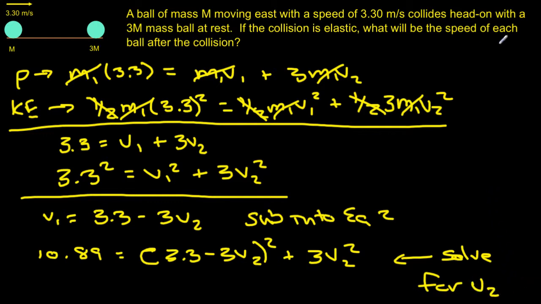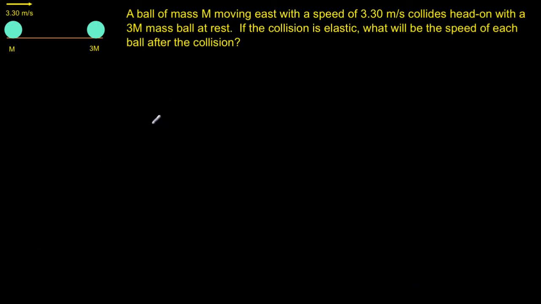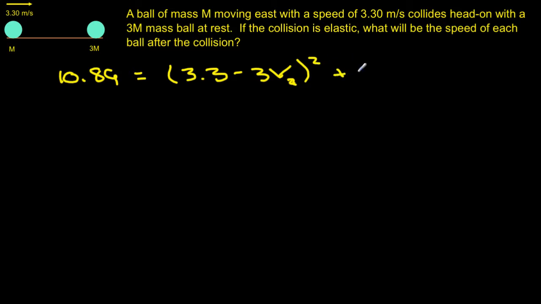Let's list that equation again. 10.89 equals 3.3 minus 3v2 squared, excuse me, that's not right, minus 3.3 v2 squared plus 3v2 squared. I think my memory serves me correctly there.